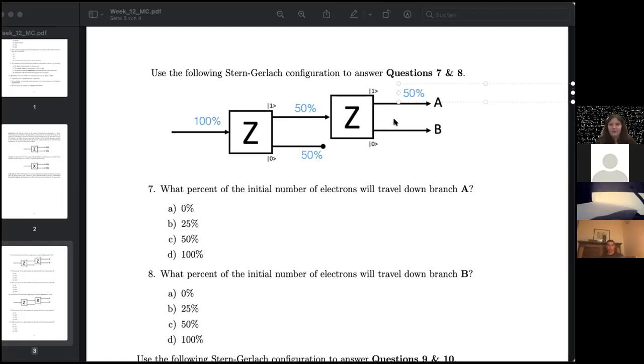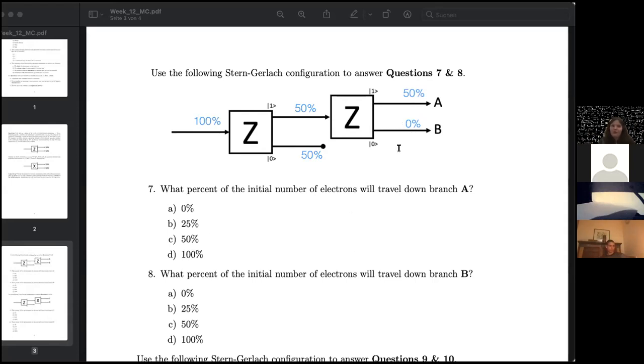It's still 50%, and here it will be 0. Because you only take the ones in state 1 into the second Stern-Gerlach apparatus, and because spin is an intrinsic property, this doesn't change anymore, and it will still be 50% there.